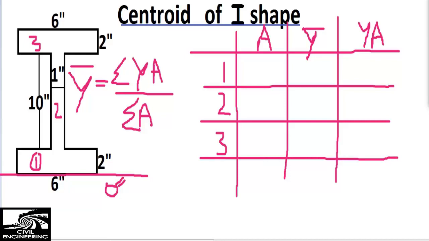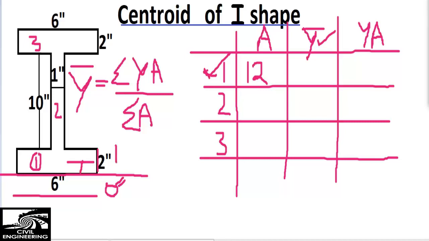To find the area of the first object, we have 2 inches as the height, while 6 inches is the width. So it comes out to be 2 cross 6, which is 12 square inches, the area of the first object. This is the first object we represent, while the centroid of the first object will be from the bottom base, which we assume is the base, so 1 inch.